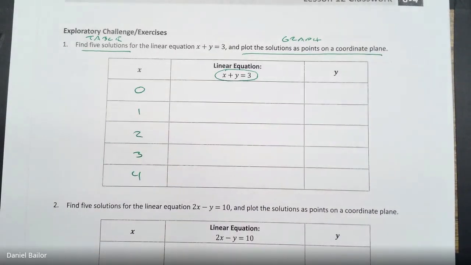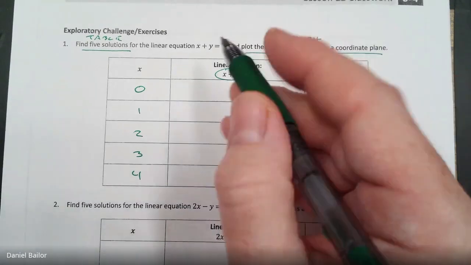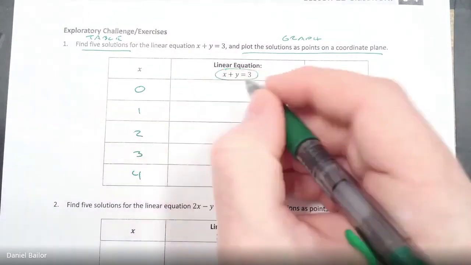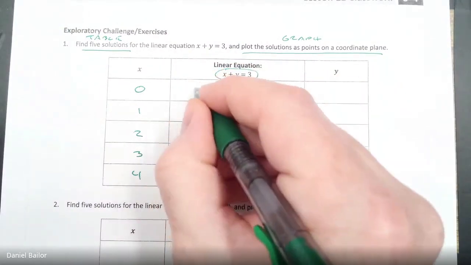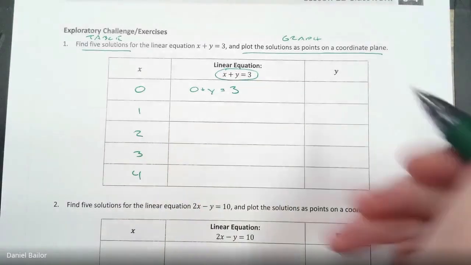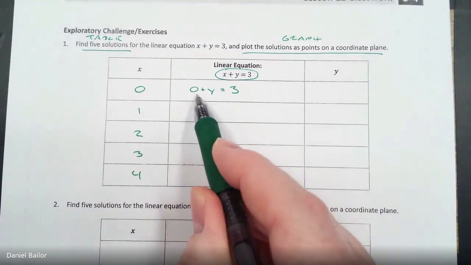Keeping it simple, keeping simple numbers. Now, I actually have to solve this. So x is 0. Remember, the equation is x plus y equals 3. So this time it's 0 plus y equals 3. Well, this tells me that 0 plus y equals 3.